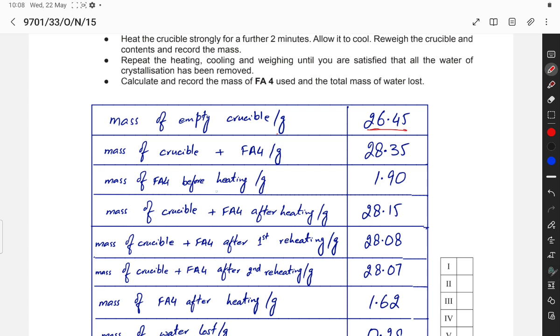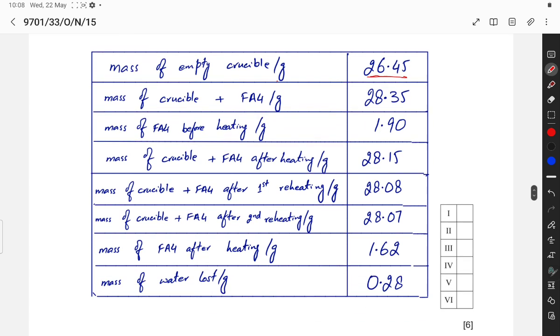Mass of FA4 before heating in grams is equal to 1.90. Mass of crucible plus FA4 after heating in grams, that is 28.15. Mass of crucible plus FA4 after first reheating, that is 28.08, and mass of crucible plus FA4 after second reheating, that is 28.07.